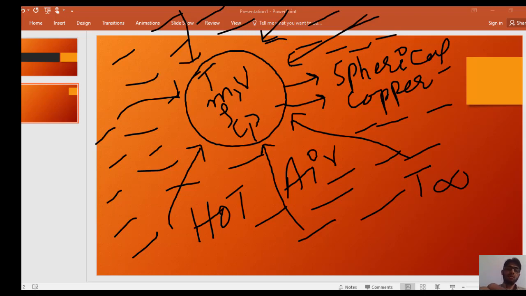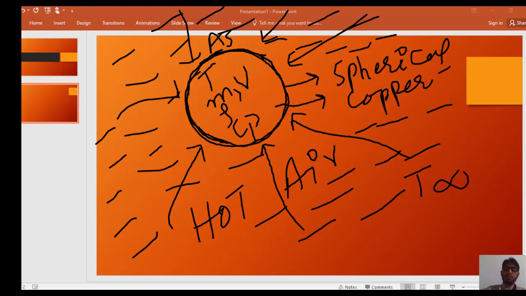Suppose A is the surface area of the copper material.